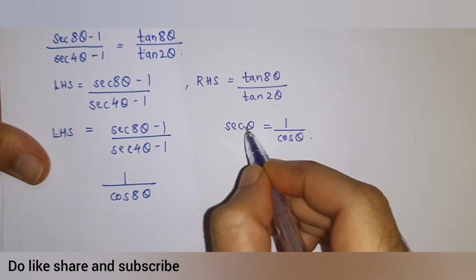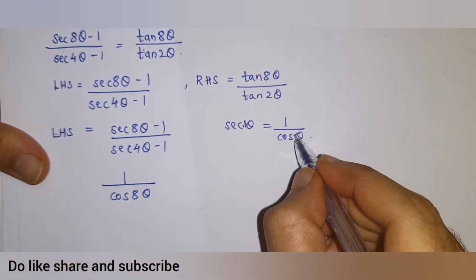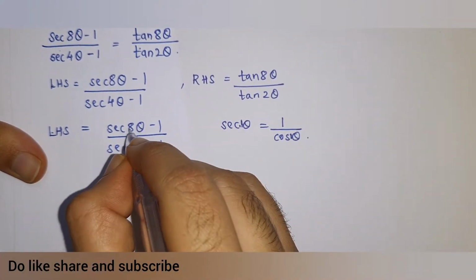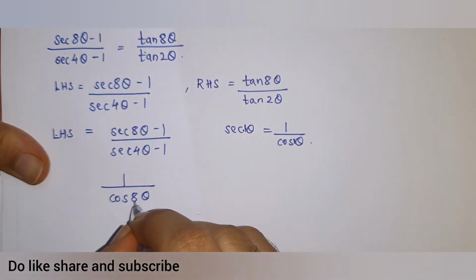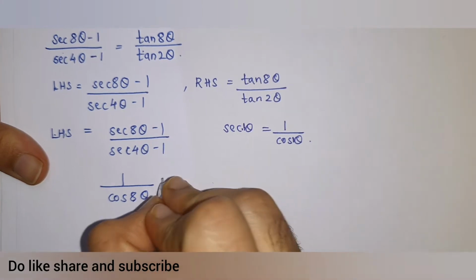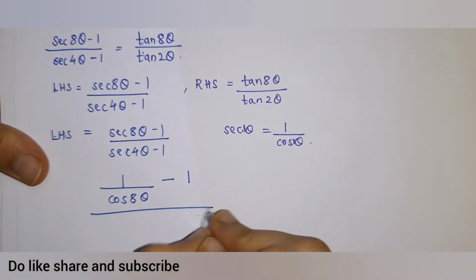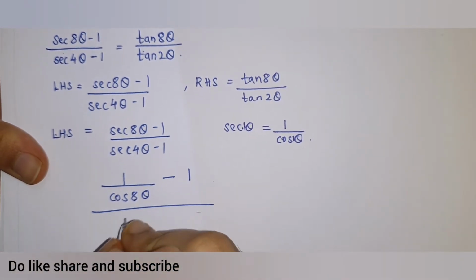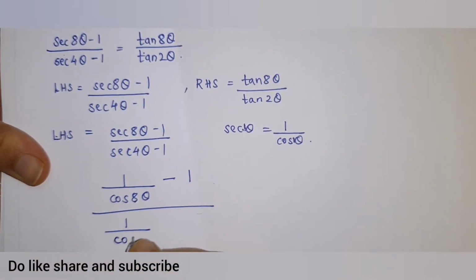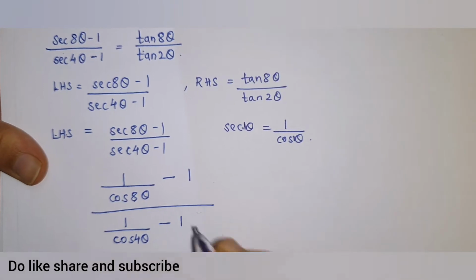Here with sec theta the coefficient is 1, so here also the coefficient is 1. As here it is 8, the 8 will come here also. So 1 upon cos of 8 theta minus 1 divided by 1 upon cos of 4 theta minus 1.